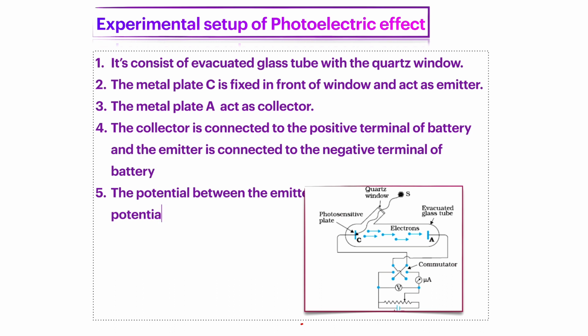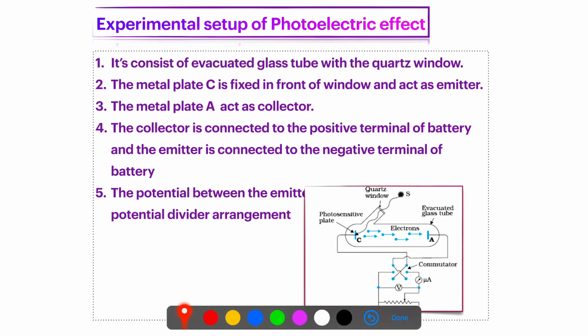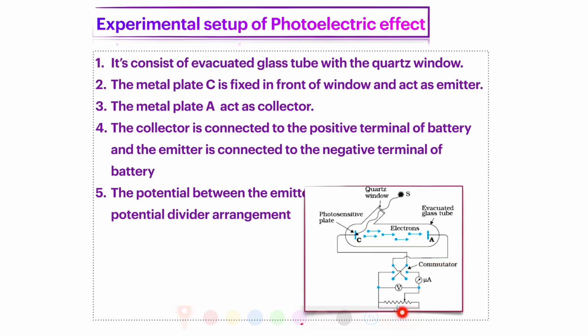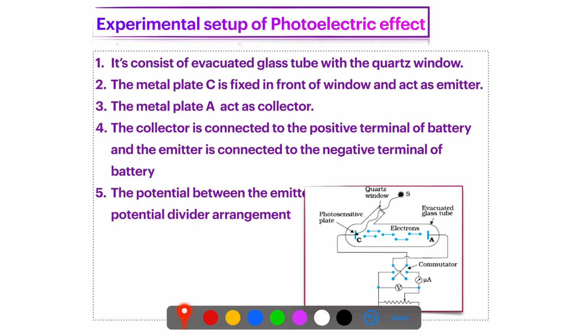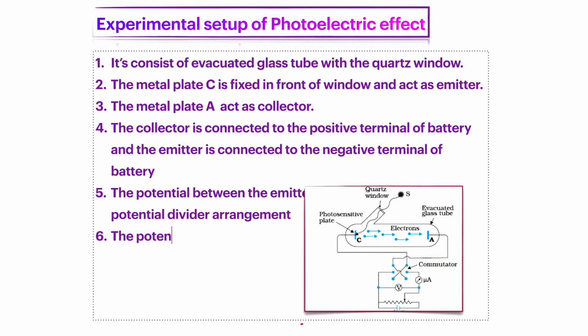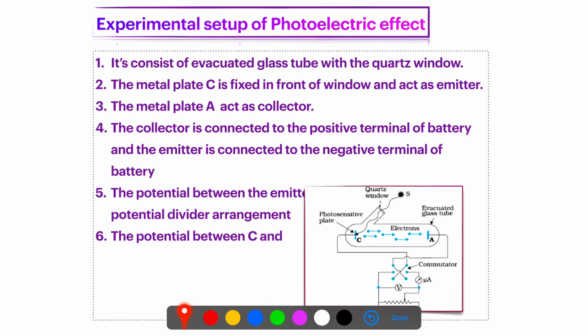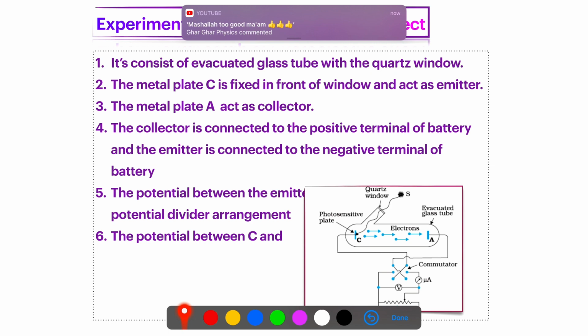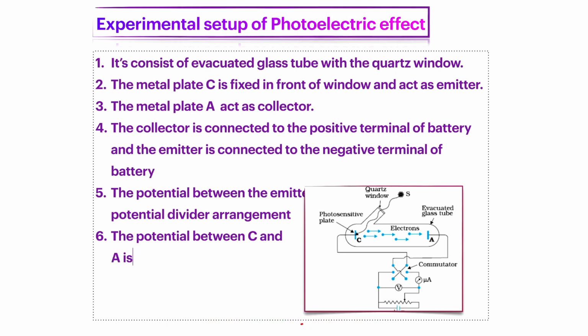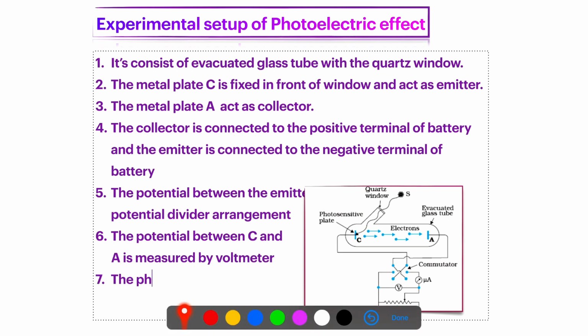The potential between the emitter and the collector is maintained by a potential dividing arrangement. The potential between C and A is measured by a voltmeter. The photoelectric current is measured through this microammeter.